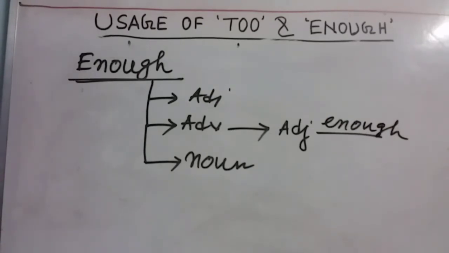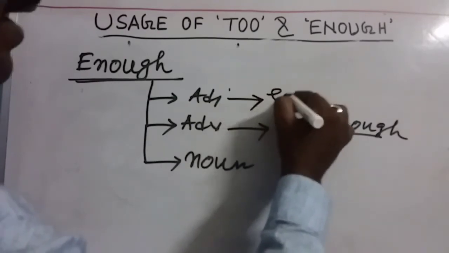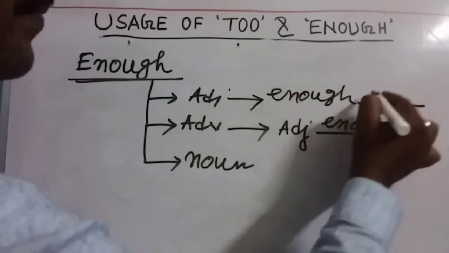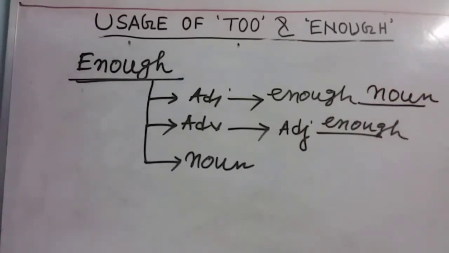But whenever it is used as adjective, we have to write down then the noun. Adjective means it must modify or it must say something about a noun.